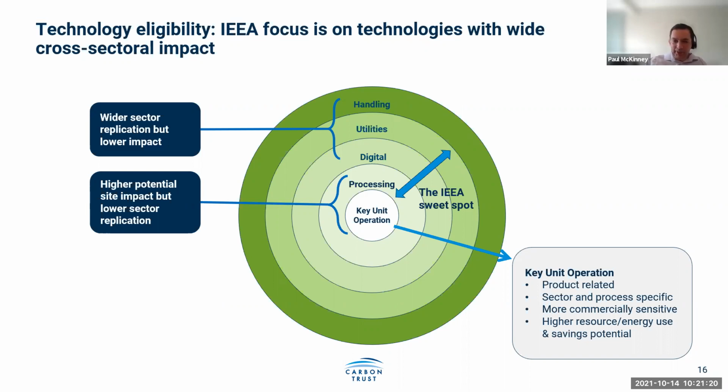They might only be replicable in the glass sector or the chemical sector, so less sector replication, and then right through to utilities like compressed air and motors, where the actual savings might be 1 or 2%, but potentially they could be applicable across a wide range of industries. And even conveying and technologies on the outer edge.